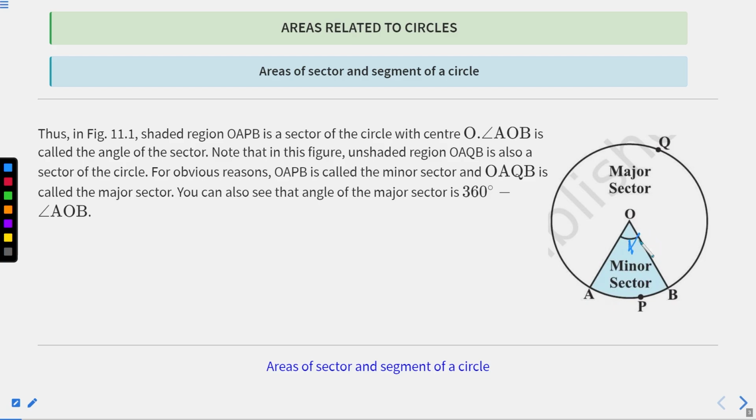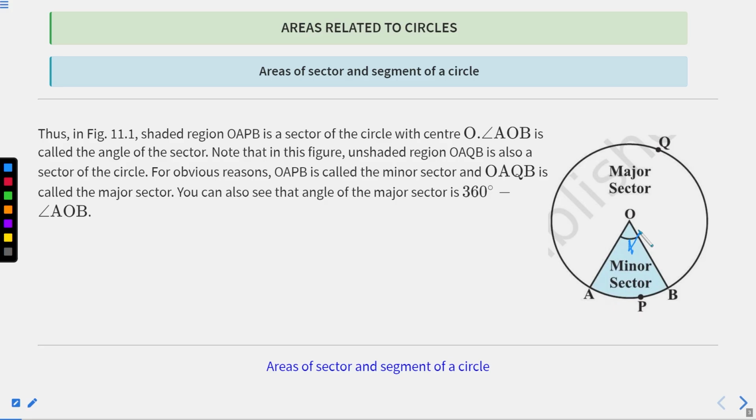If we subtract this angle theta from 360 degrees, we get the angle of the major sector. So the angle of the major sector is 360 degrees minus angle AOB, that is, 360 degrees minus the angle of the minor sector.